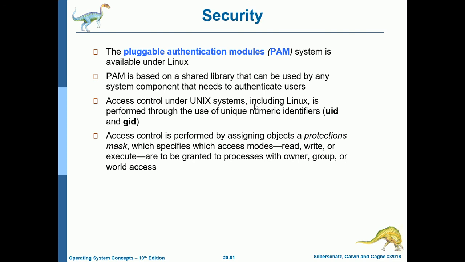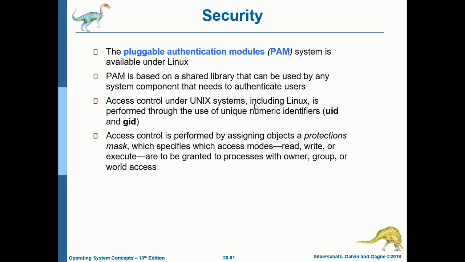Next is security for Linux. The Pluggable Authentication Modules, or PAM, system is available under Linux. PAM is based on a shared library that can be used by any system component that needs to authenticate users. Access control under Unix systems, including Linux, is performed through the use of unique numeric identifiers: the user ID and the group ID.